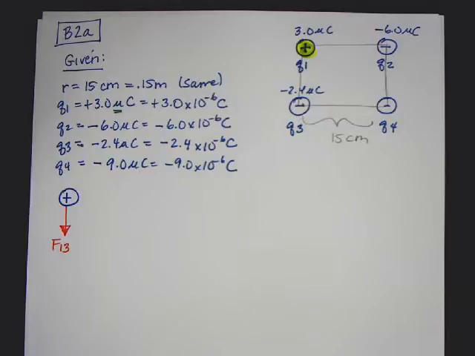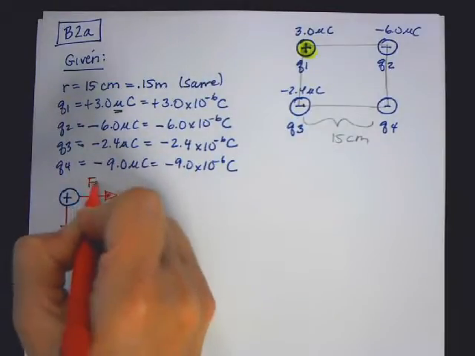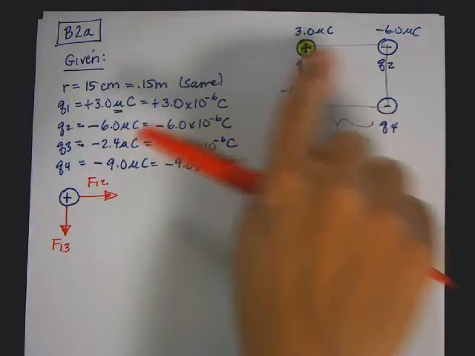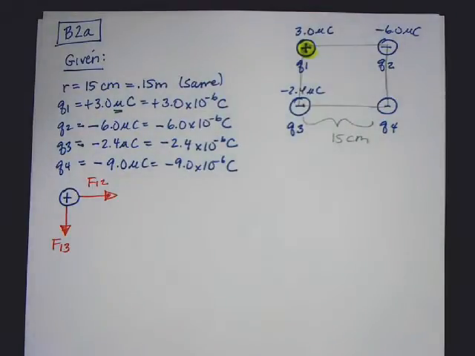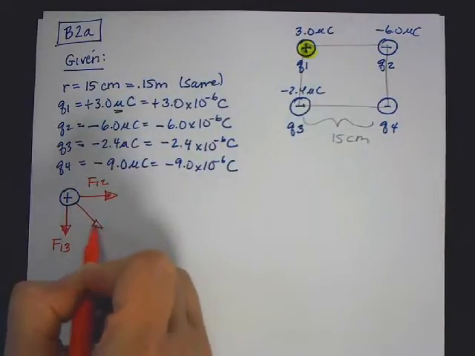Then I have the force that exists between Q1 and Q2, so I'm going to call that one F12. We also see that the force goes from the positive to the negative, that's the direction. And then the last force is going to be like this, and I'm going to call this force F14.